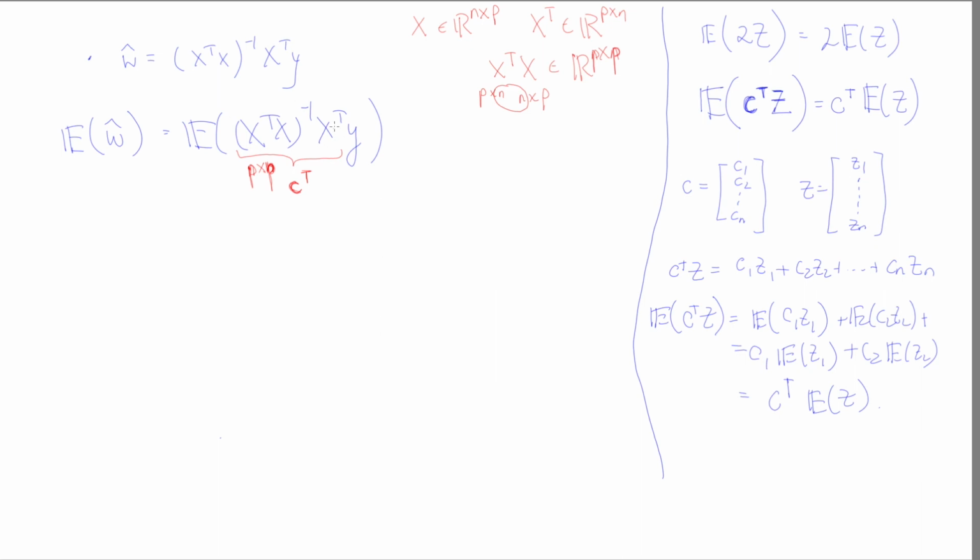Now we're multiplying this, and taking the inverse doesn't change the dimension. So this is still p by p, times X transpose, which is p by n. So p by p times p by n, and y is n by 1. So this is p by n times y.